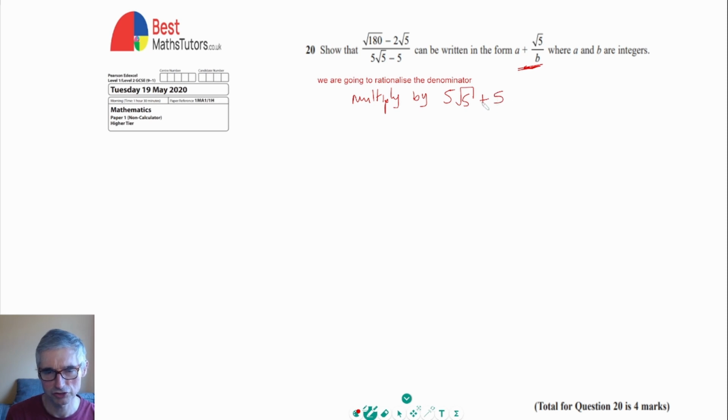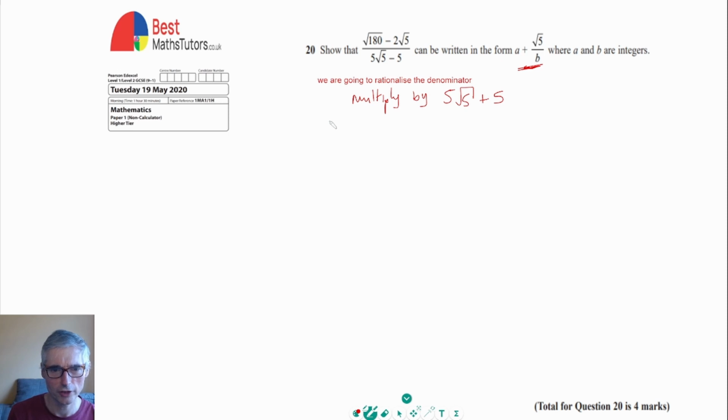If the sign had originally been a plus, we'd multiply top and bottom by a minus. But because this is a minus here, we change this to a plus. So we just swap it over. The great thing about this approach is that it gets rid of the surd in the denominator.